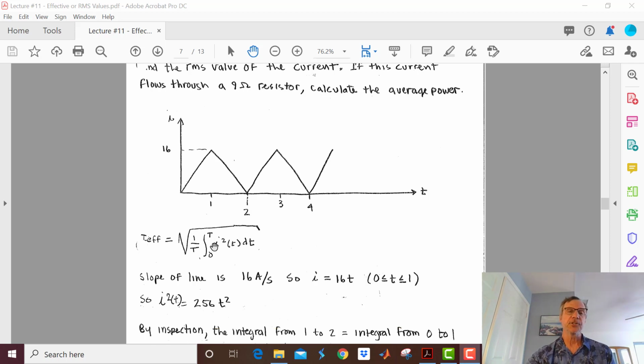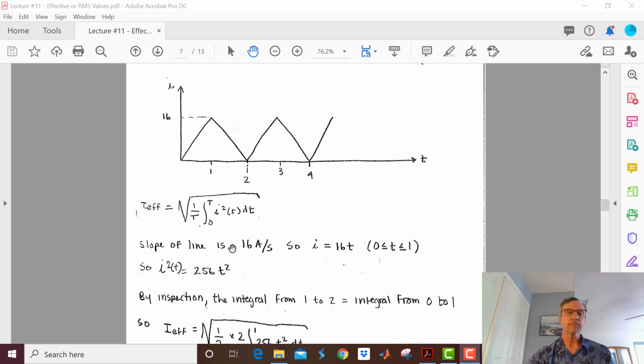So I'm going to go ahead and just compute this integral. The slope of the line is 16 amps per second. And so I of t, at least from 0 to 1, is going to be 16 times t for 0 less than t less than 1. Oops, I forgot to do something before I got started, and that is, I forgot to note the period of the waveform.